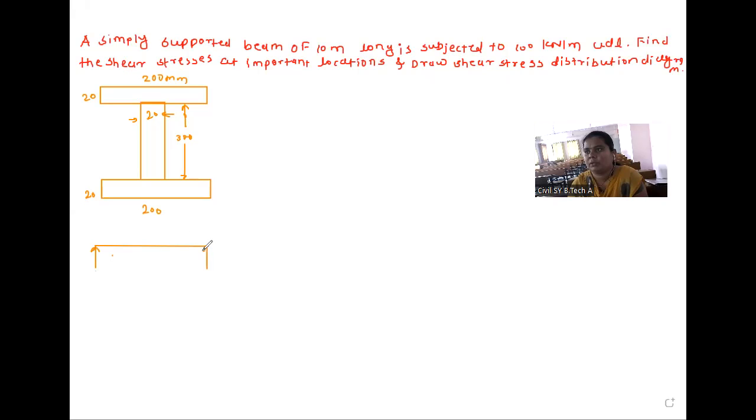So this is the simply supported beam AB, and on that beam a uniformly distributed load is applied, and the intensity of the uniformly distributed load is 100 kilonewton per meter.